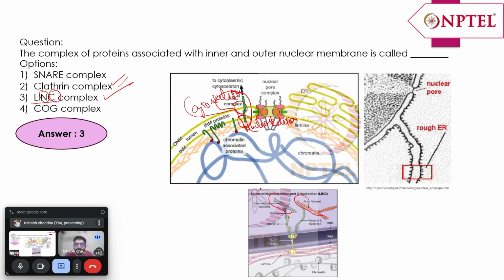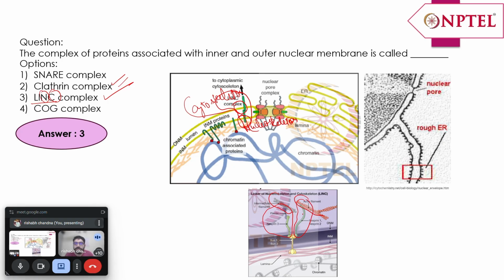Through the intermediate filaments, there is nesprin 3 that connects it to plectin. This is one of the proteins that help in binding to the intermediate filament. Then nesprin 1 and 2 help the binding of these proteins to the actin filament.